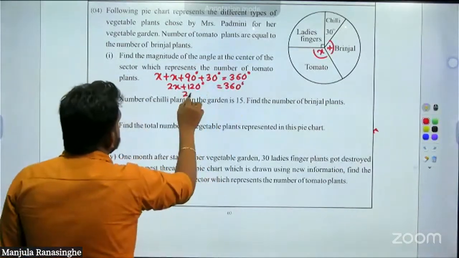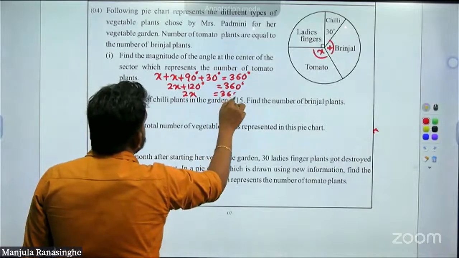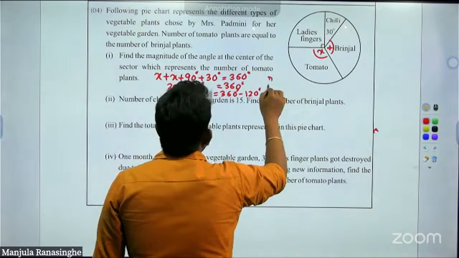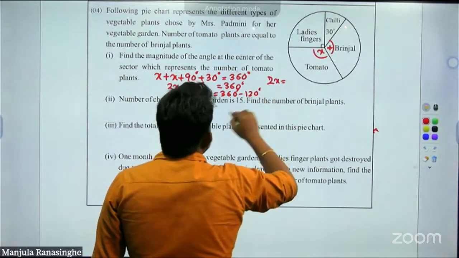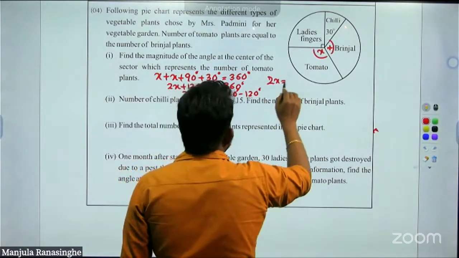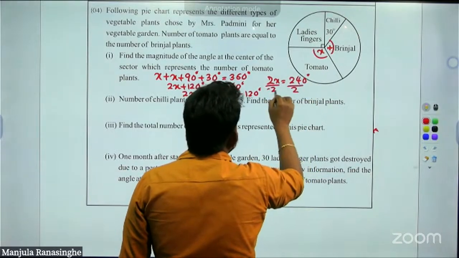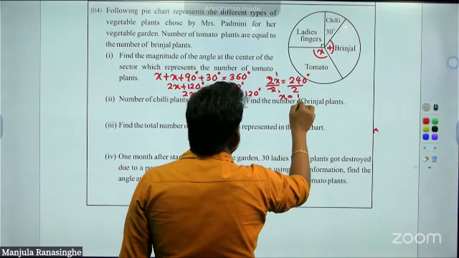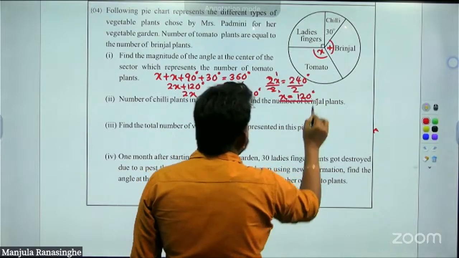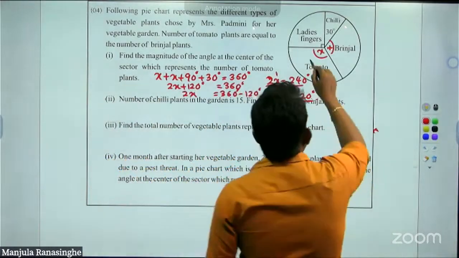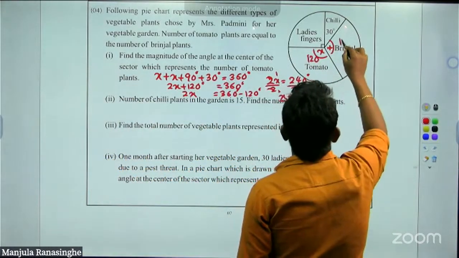Then 2x equals 360 subtract 120, which means 240 degrees. Just divide both sides by 2. Then x equals 120 degrees. So here it comes as 120.